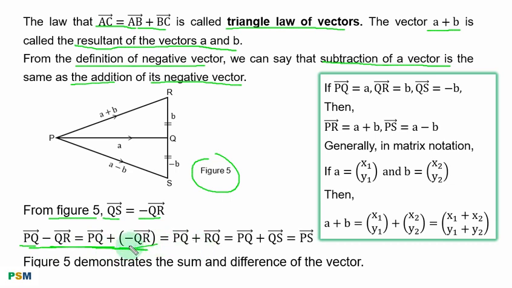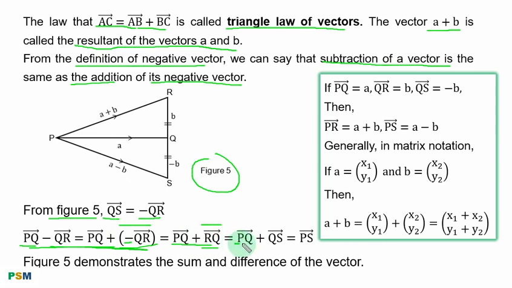From here, if you interchange the position of Q and R to RQ, this sign becomes positive. So you have vector PQ plus vector RQ. Note the change from minus vector QR to vector RQ.